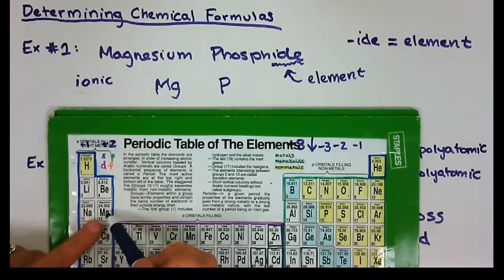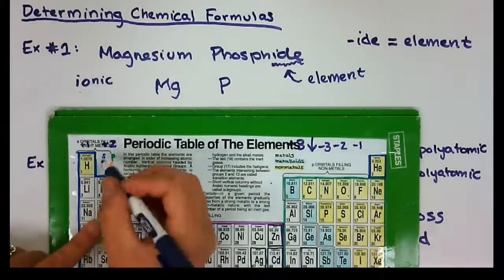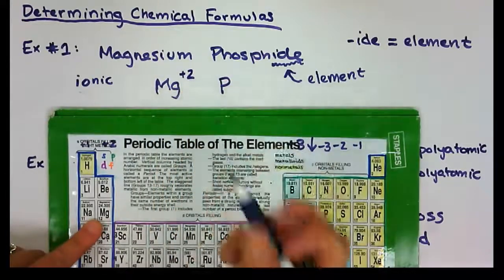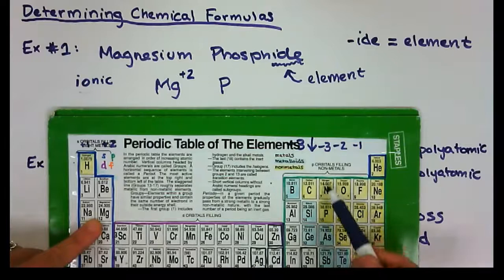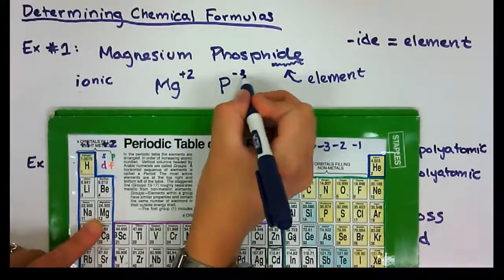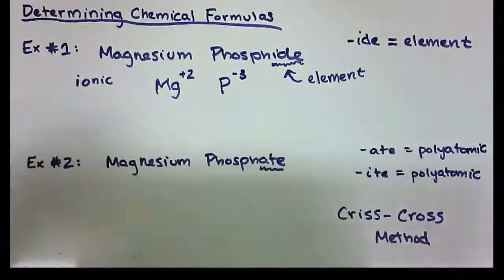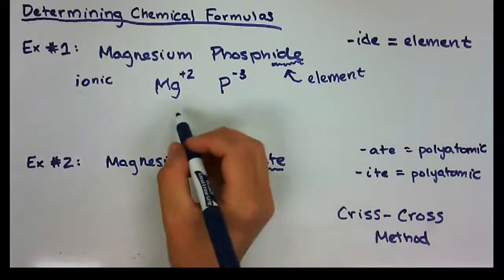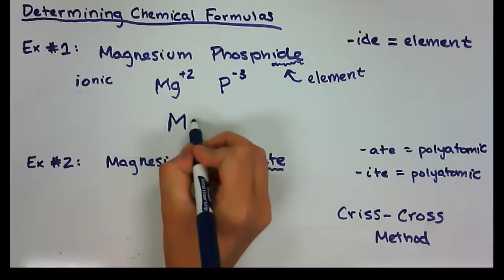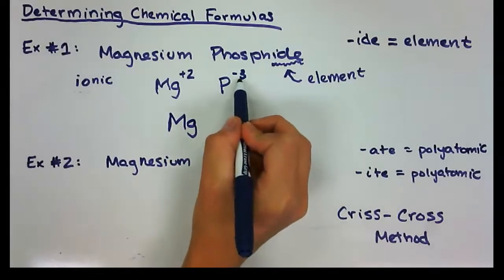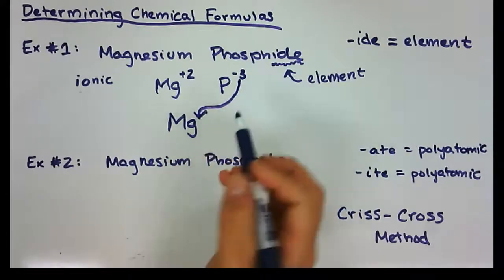So magnesium is in group 2, so its ion form will have a +2 charge. Phosphorus is over here in group 15, so it's going to have a -3 charge. The crisscross method makes it super easy to make a balanced chemical formula. All we do is rewrite the chemical symbol, take the charge from the opposite element, and bring it down as the subscript.